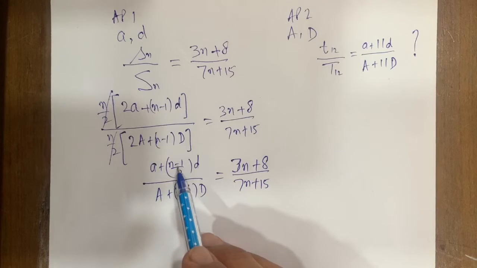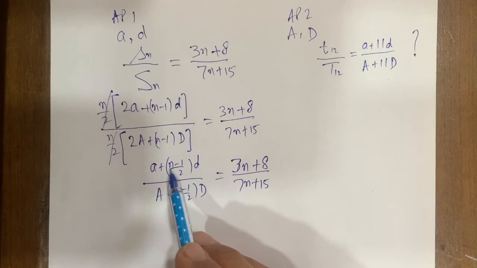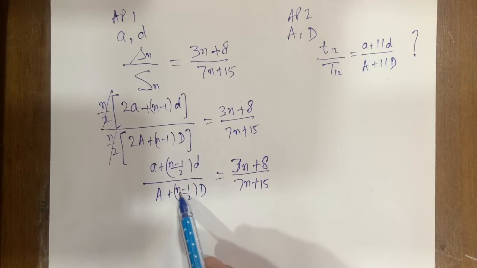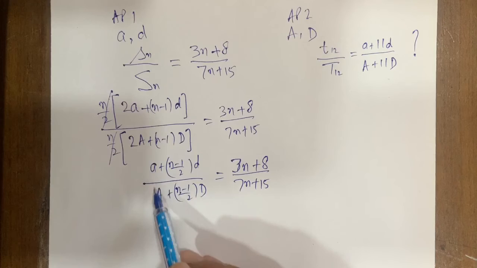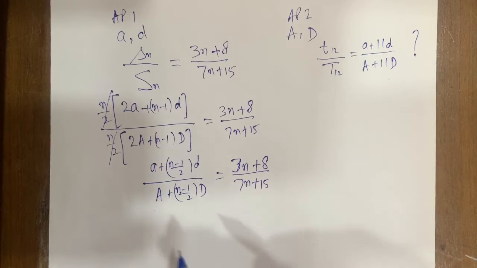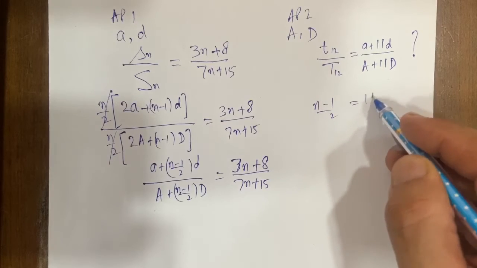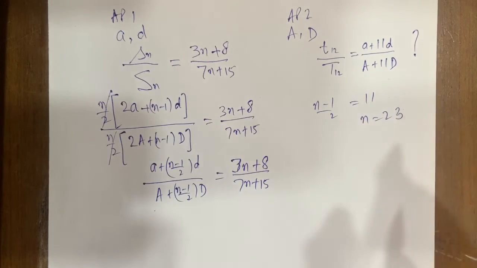Now if we substitute the value of 11 here, we'll get a plus 11d, that is the 12th term, and here also n minus 1 by 2 equal to 11, it will be the 12th term of the second. So 12th term of first upon 12th term of second. So comparing, we get n minus 1 by 2 is 11, or n is 22 plus 1, 23.